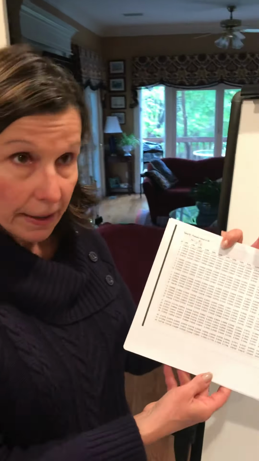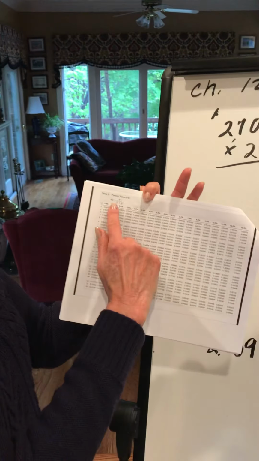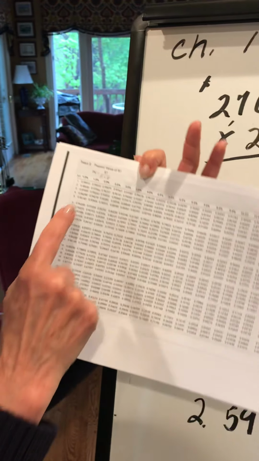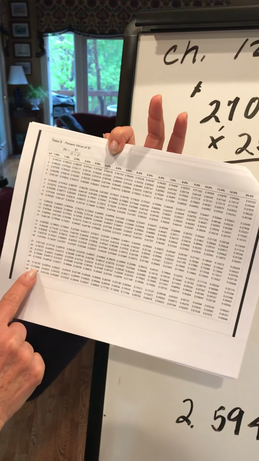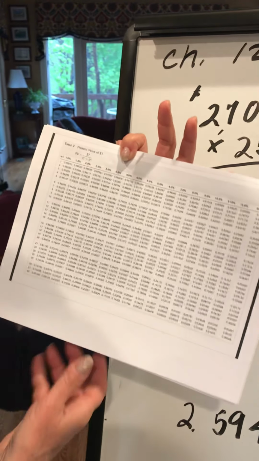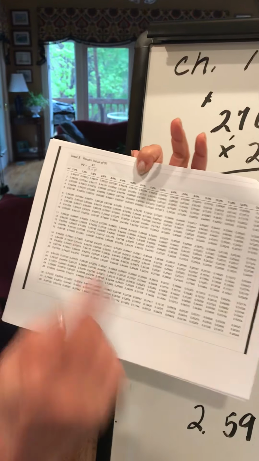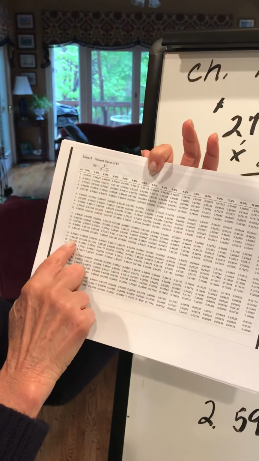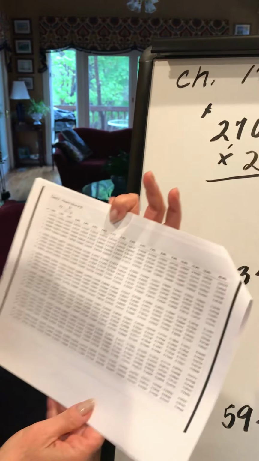When we look at these tables, the interest rates go across the top for all 4 charts, and the number of periods go down the side. So we need to apply the years and the interest rate to find the factor.